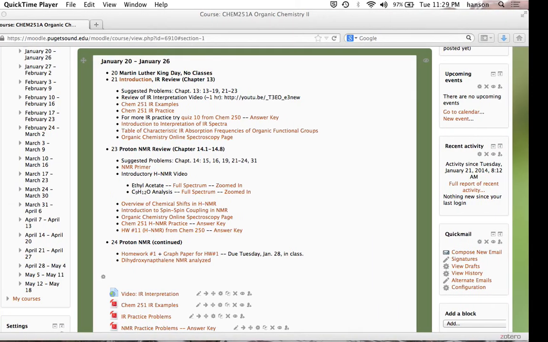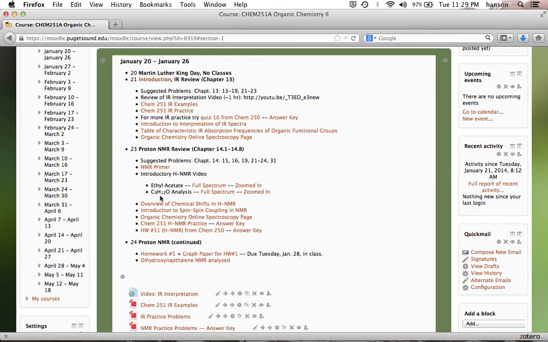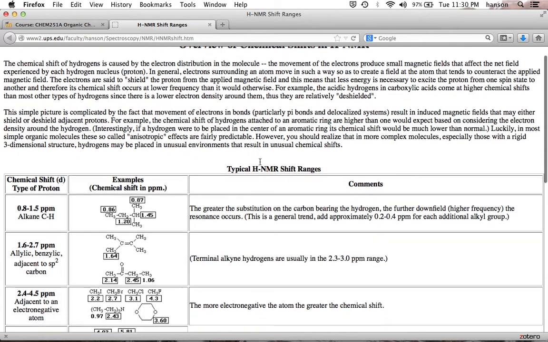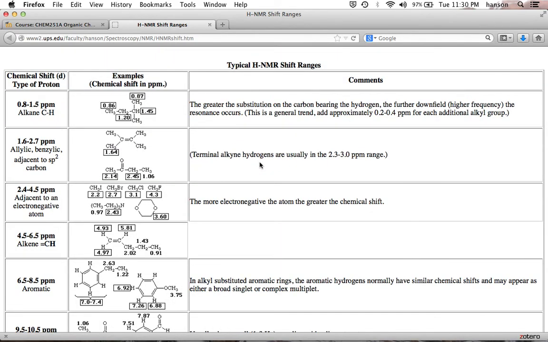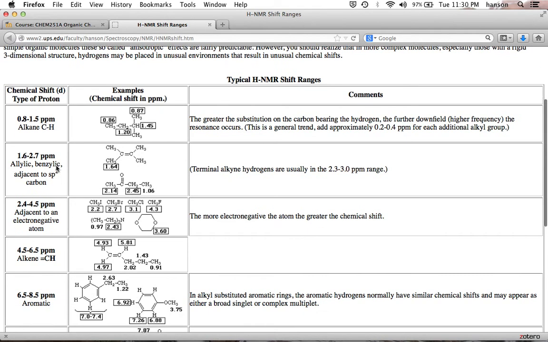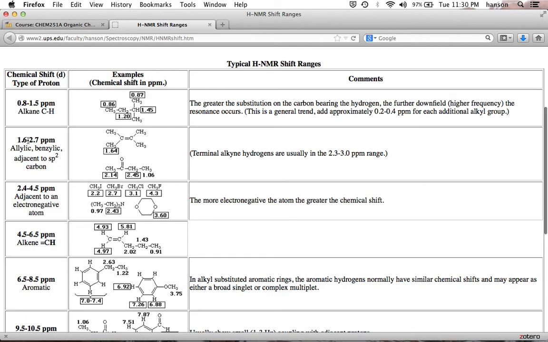Now, the way to go find that is if you look at this Introduction to Chemical Shifts in Proton NMR. I'll click on that and bring it up. You can see here I've tried to summarize on one page, and again I'll hand this out in class, the different chemical shift ranges. So remember, as we said, there was something around 1 ppm, so that's just a normal alkane CH. Then we had something up around 2 ppm. Oh, that means it might be a proton adjacent to an sp2 carbon.